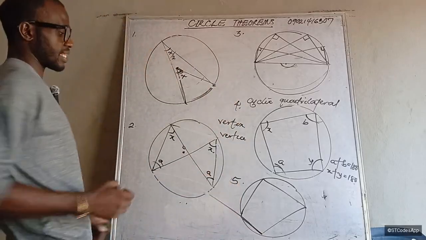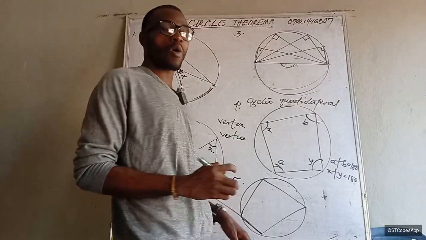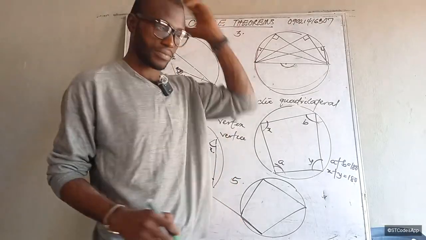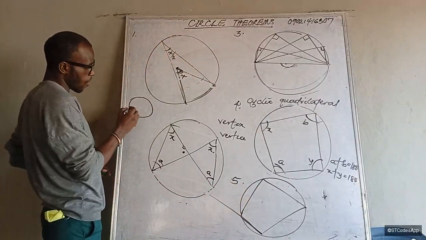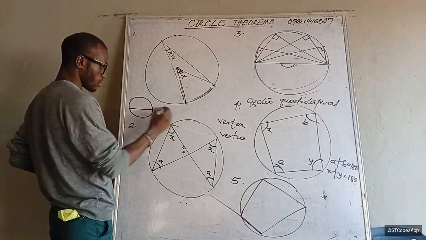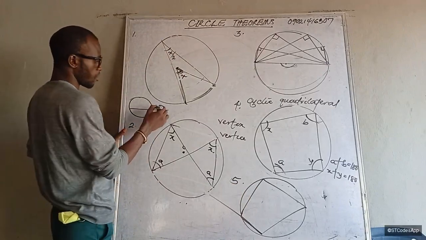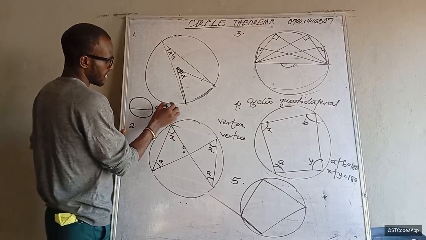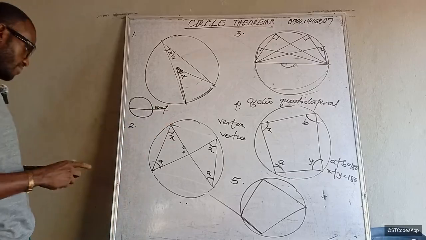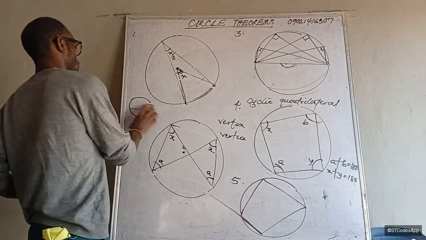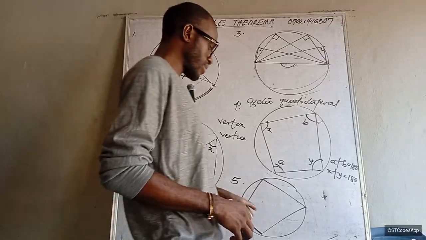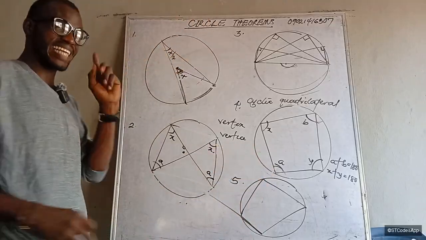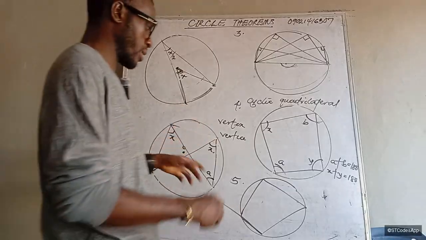I extend that line. First, that line will be called a secant. Now, you know this is a chord, right? Once I extend a chord outward, it becomes a secant line. It's different from a tangent. We'll soon get there.